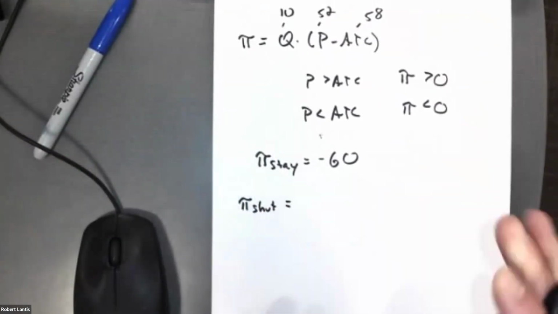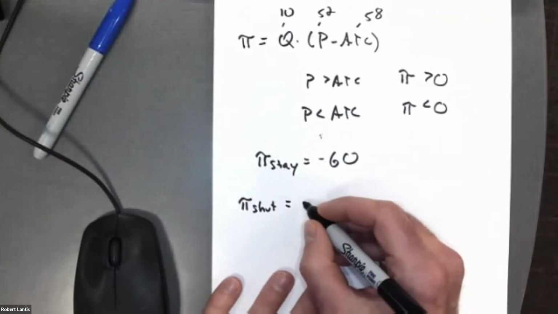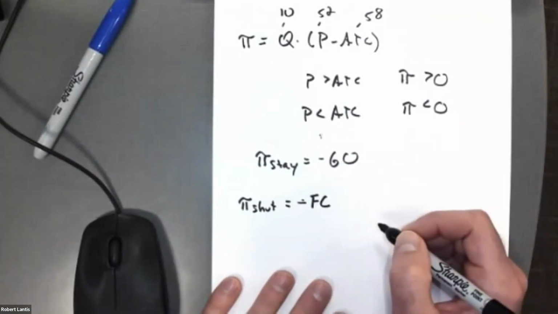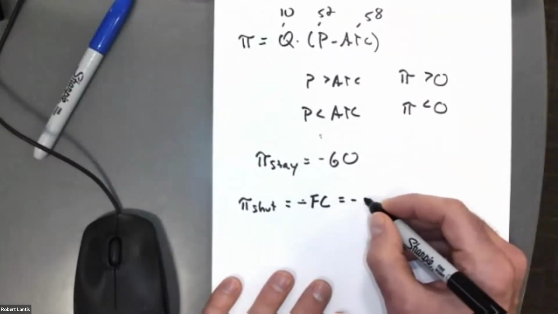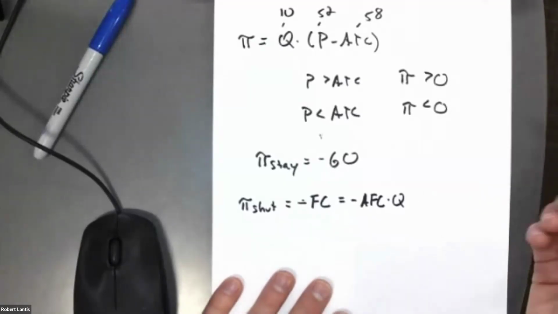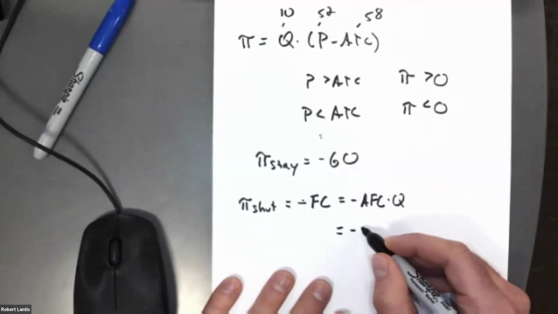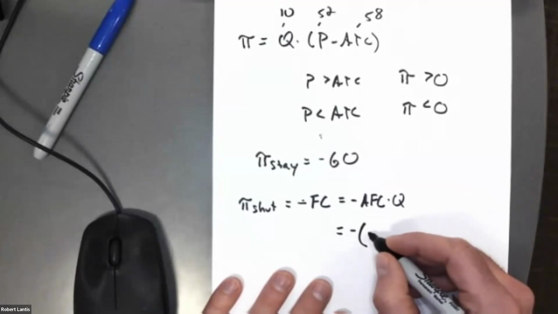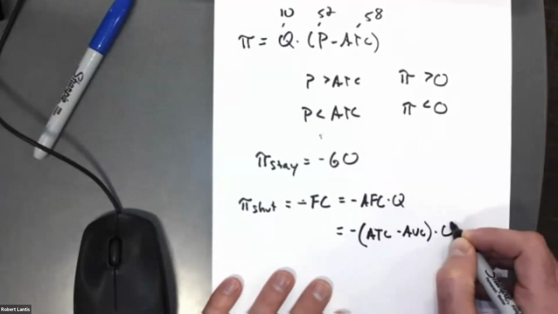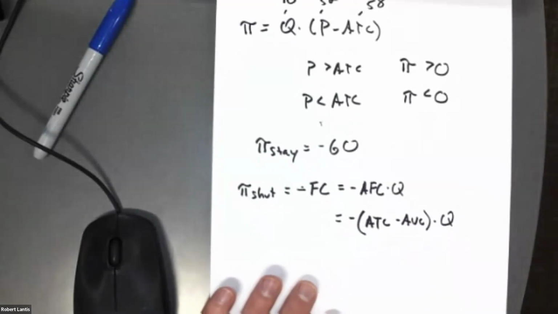Okay. If I shut down, we said I can calculate profits. They're just negative, whatever my fixed costs are. Another way of writing that is if I take my average fixed cost, multiply it by quantity. How do I find average fixed costs if I'm not directly given them? It's the difference between my average total and my average variable costs.